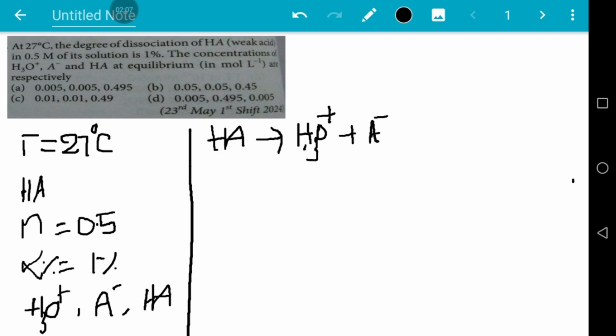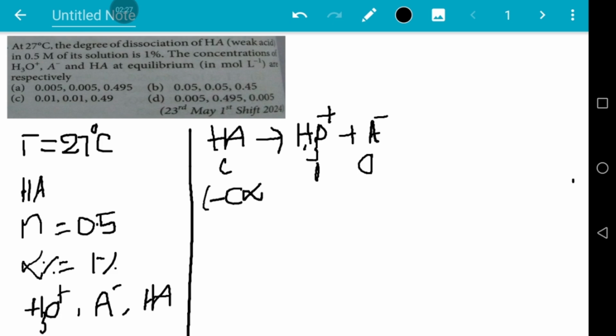Initially HA has concentration C, H3O plus is 0 and A minus is also 0. Now C alpha is dissociated, so remaining HA is C minus C alpha.